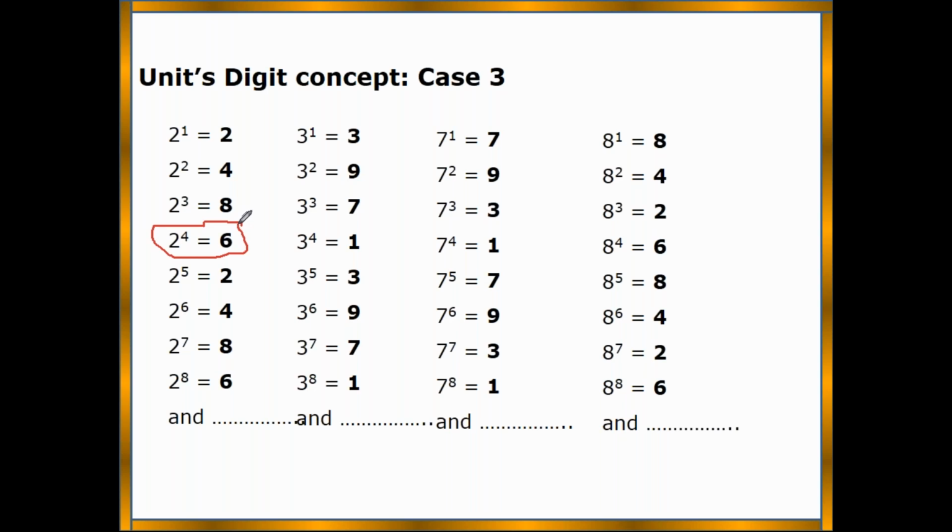Which value required? 2 power 9 repeated? And the last digit means what? 2 power 1, 2; 2 power 2, 4; 2 power 3, 8; 2 power 4, 6; 2 power 5, 2; 4, 8, 6, and the last digit. What does that mean?